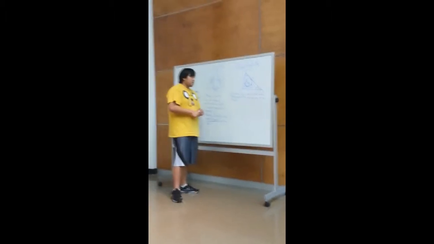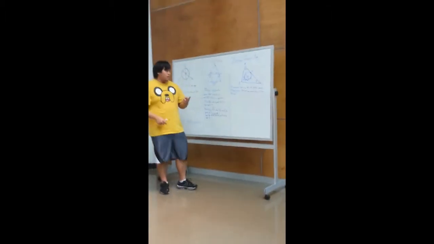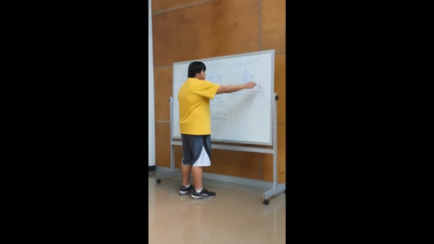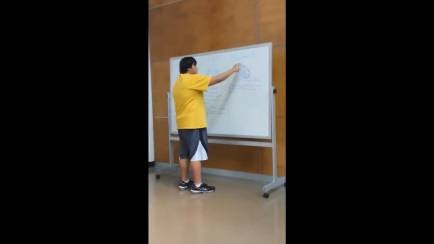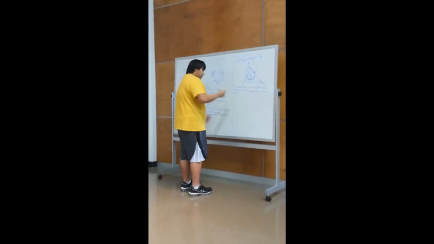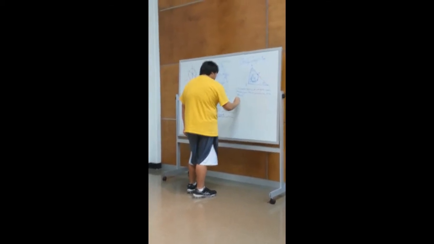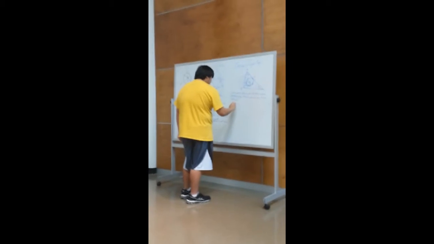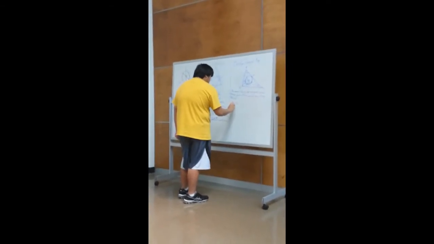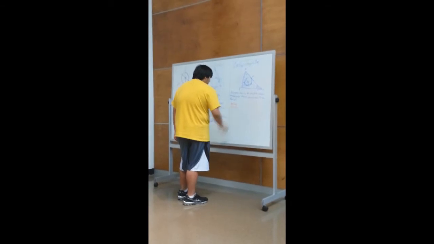Alright, so we have 2 arbitrary points, A and C, and where they meet constructs an angle that is equal to alpha, so angle A. And C is equal to gamma.